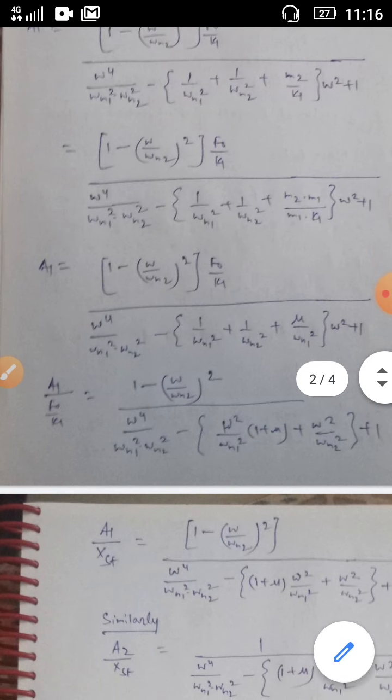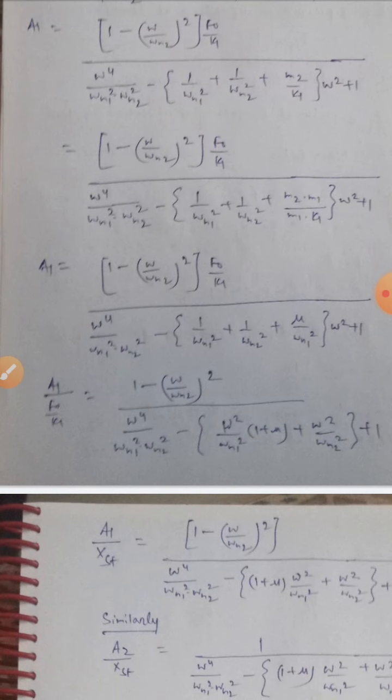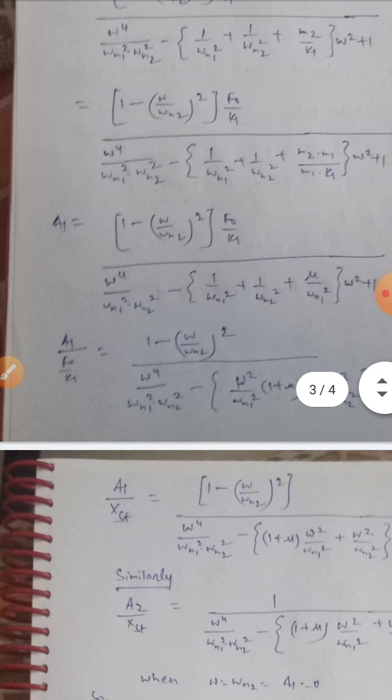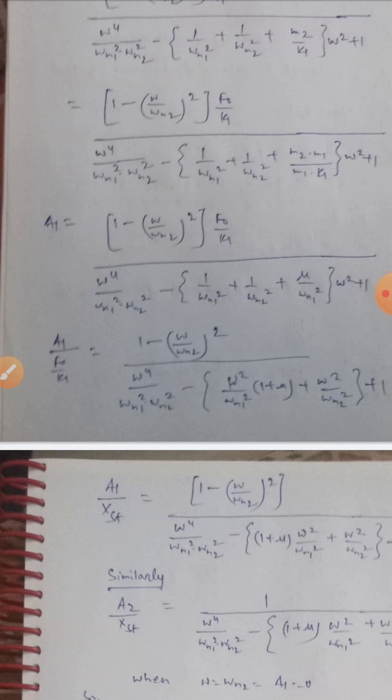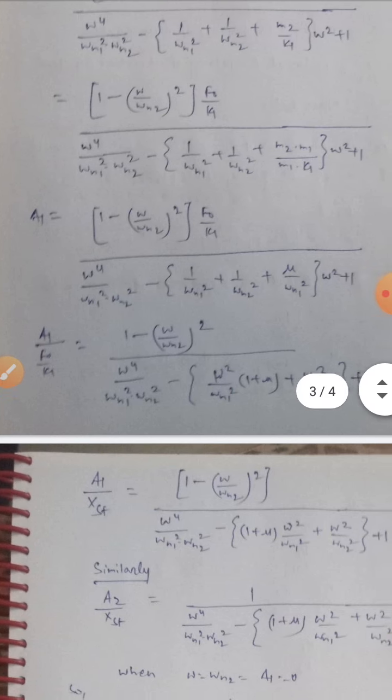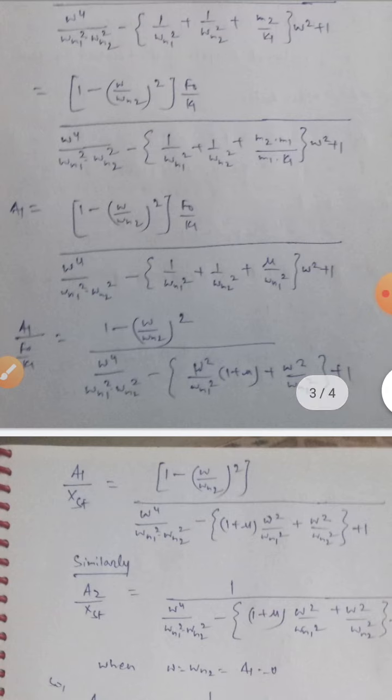Now this f naught by k1 is nothing but the zero frequency deflection, we can write x static. So a1 upon x static is equal to 1 minus (omega upon omega n2) square upon omega power 4 upon omega n1 square omega n2 square minus (1 plus mu) omega square upon omega n1 square plus omega square upon omega n2 square plus 1.